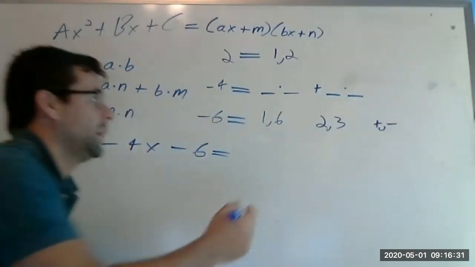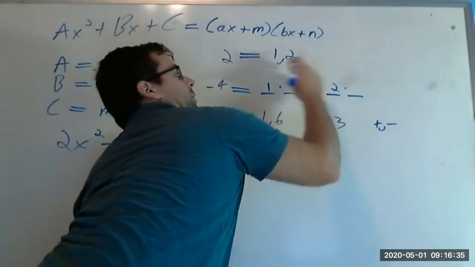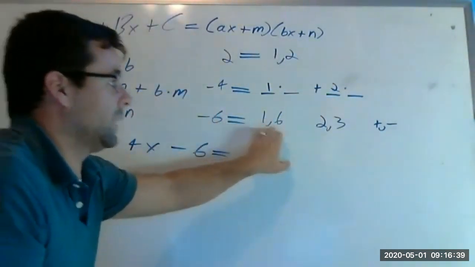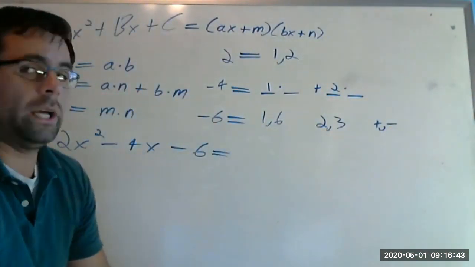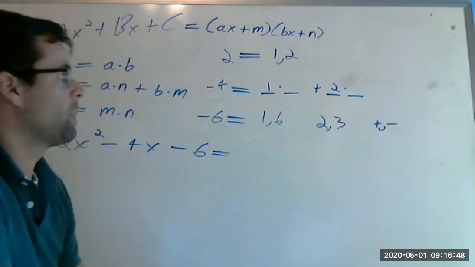And we can go ahead and put in our numbers up here, 1 and 2, because there's no options. So now we have to figure out down here what is going to be what.